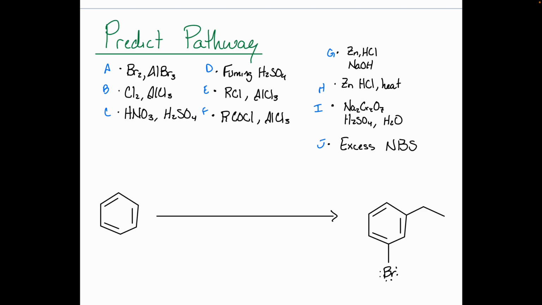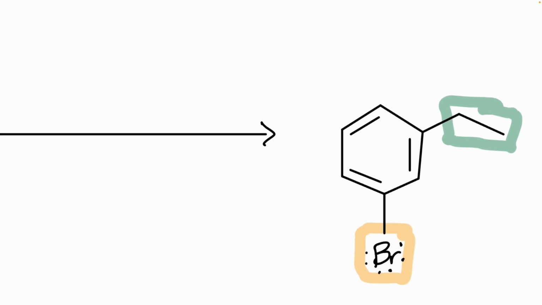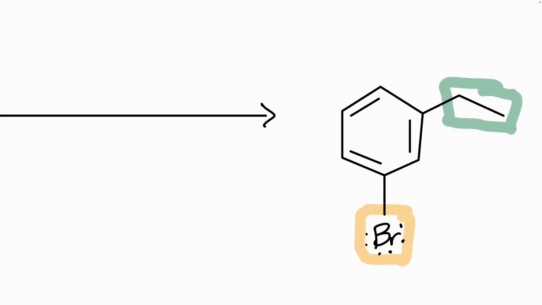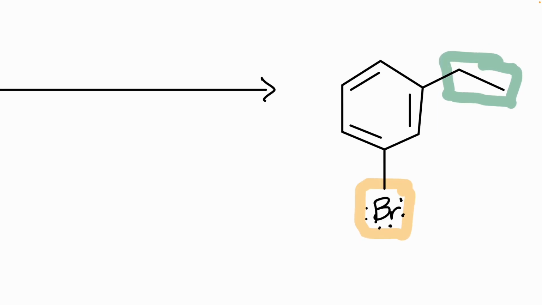I think a lot of people can identify pretty easily what we need to put the bromine on the ring. That'd be this one here. For this alkyl group, this ethyl group, we can use that Friedel-Crafts alkylation reaction, okay? Now, if we look, what are these two groups in our product to one another?